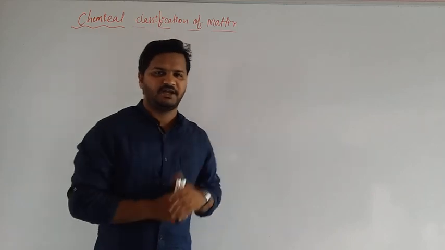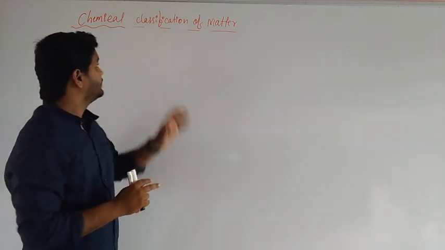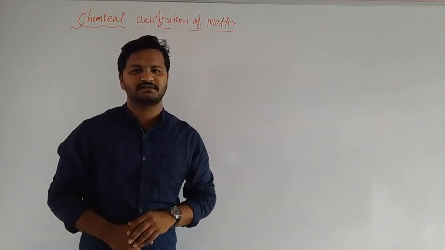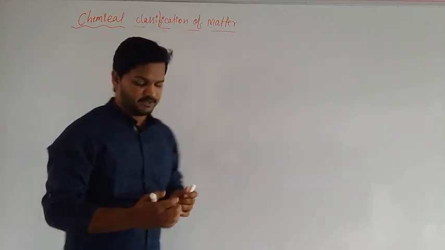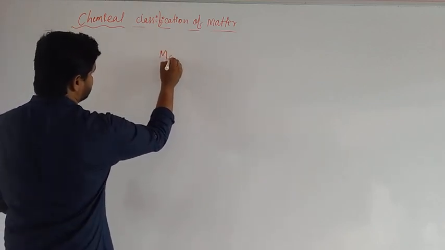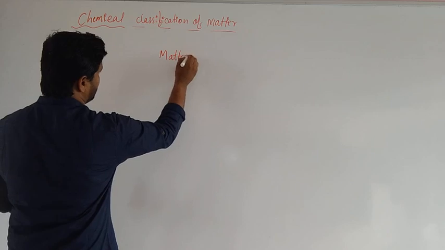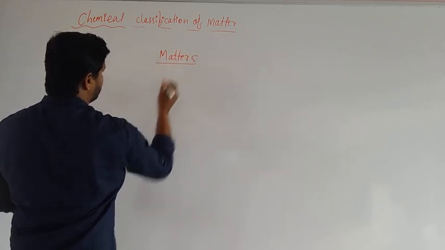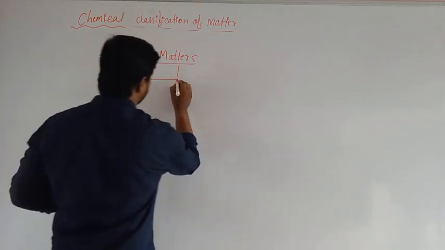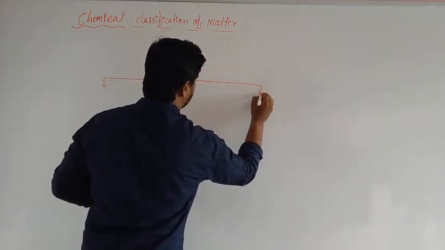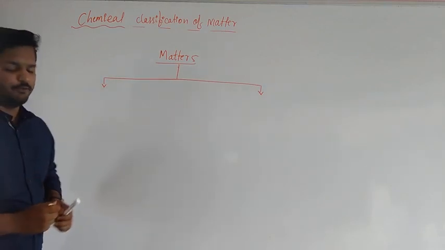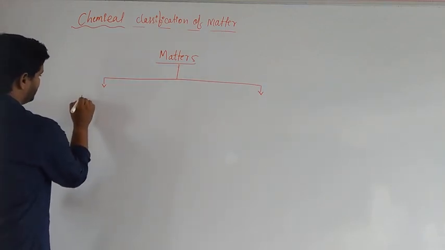In the chemical classification also we are going to classify matter into two types. One is pure substance and the other one is mixture. So first one, pure substances.